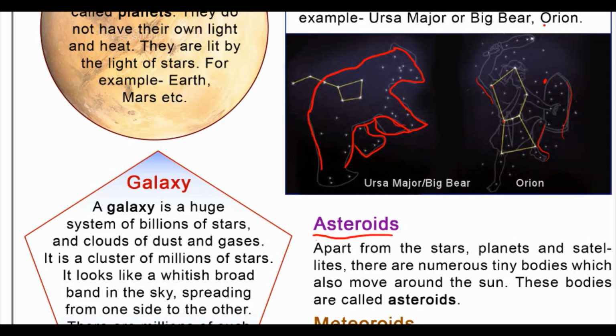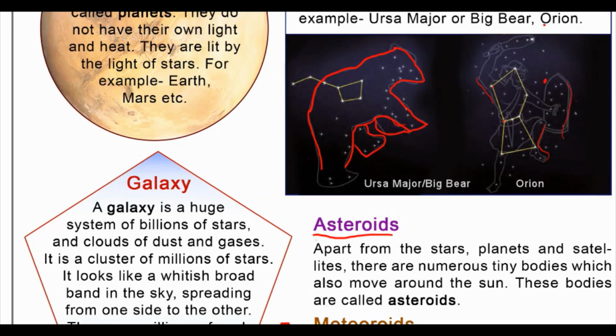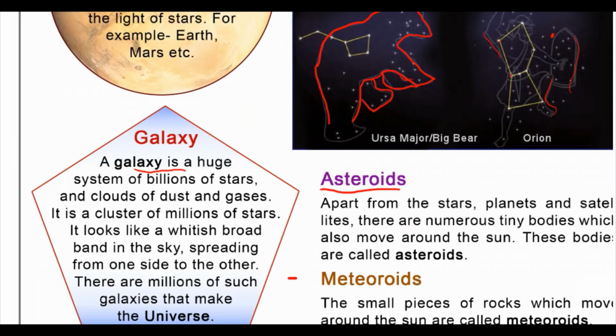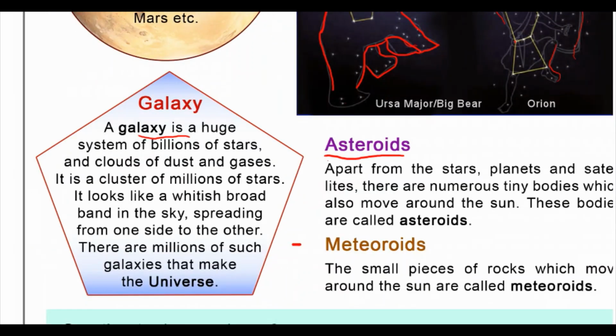Okay, now let us read what is given to us down here. So the topic we have is galaxy. So you can read here what is written. A galaxy is a huge system of billions of stars. Okay, so it is a system of billions of stars and clouds of dust and gases. So there are many stars in a galaxy, and then there are many gases and dust and clouds in the galaxy.